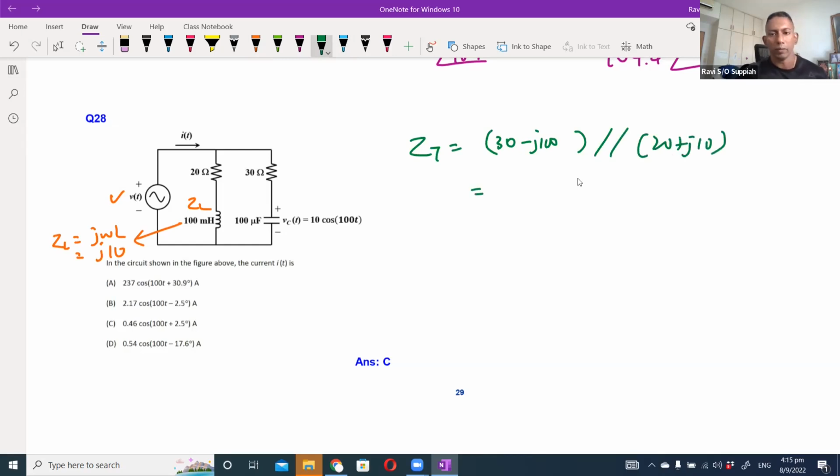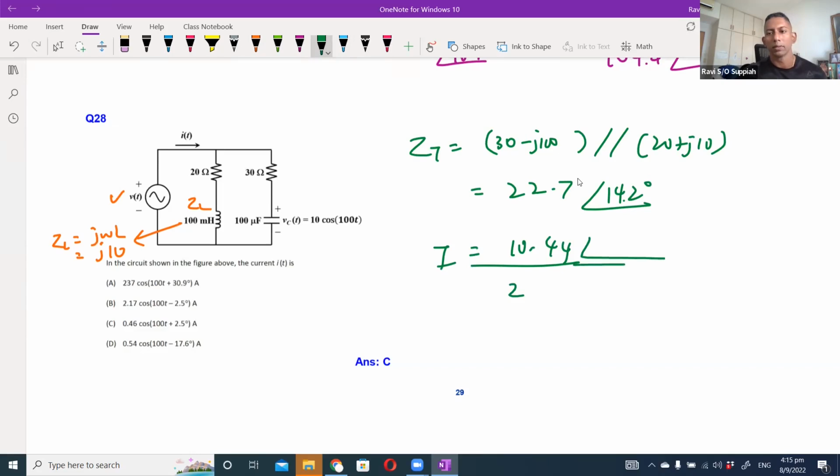That will give me 22.7 angle 14.2 degrees, and the current will be given as 10.44 over 30. This is from the earlier calculation, 16.7 degrees, and this is 22.7 angle 14.2 degrees.